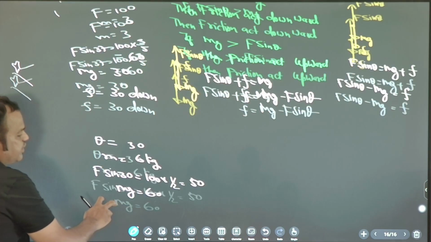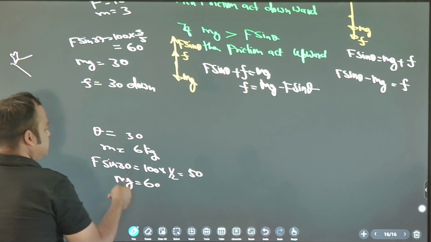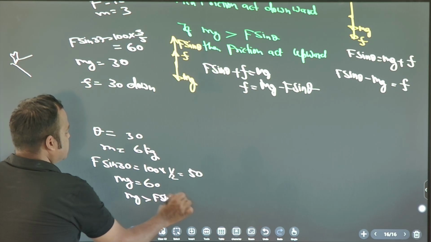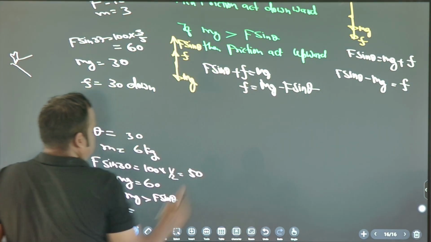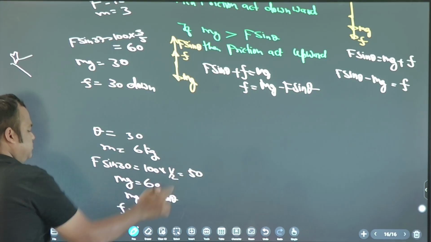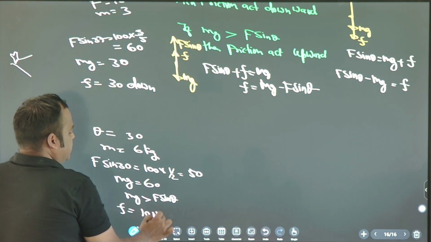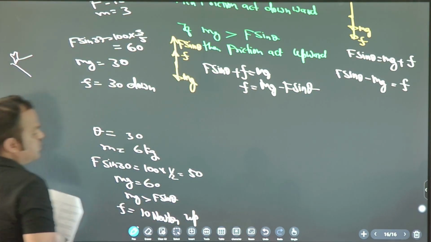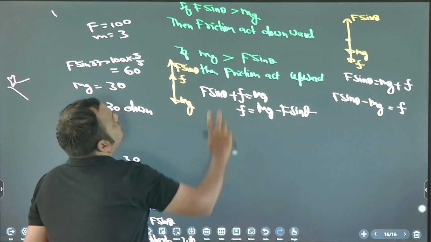Now which is greater? Mg is greater. So what is the friction now? Mg minus f sin theta. 60 minus 50. 10 Newton. Direction? Upward. Okay, clear?